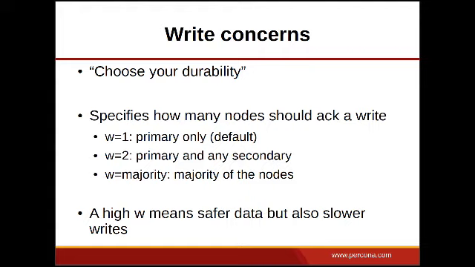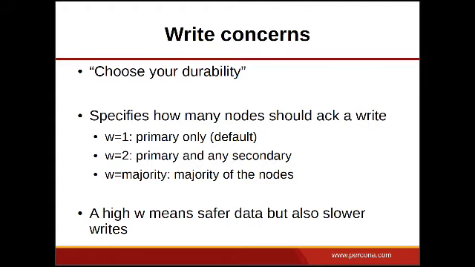You also have, I think, W equals all, which means all the members should acknowledge the write. Of course, the issue can be that it may be very slow. But in general, if you have a high W, your data is safer because you are guaranteed that the data is stored on different servers, but it's also slower, of course.